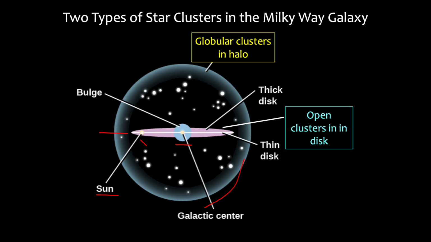One interesting way to identify the extent of the halo is through the existence of globular clusters scattered in the halo. Okay, they are not in the disk, and that's why you see these dots right here. These little bright dots are our conceptualization of these globular clusters scattered around inside the halo.